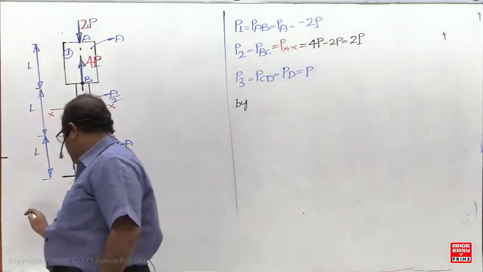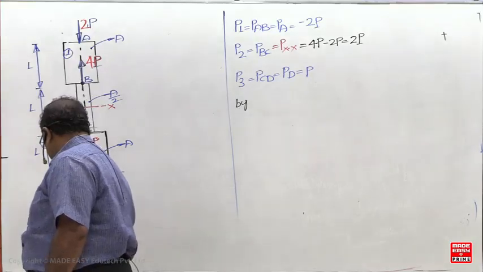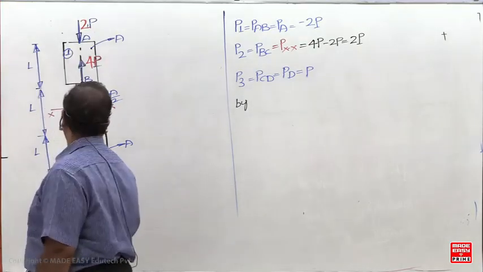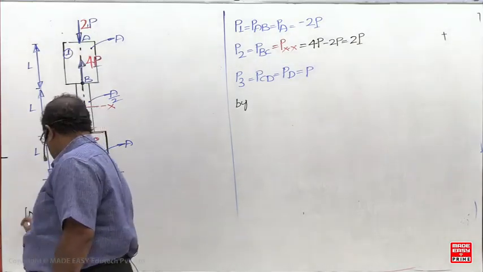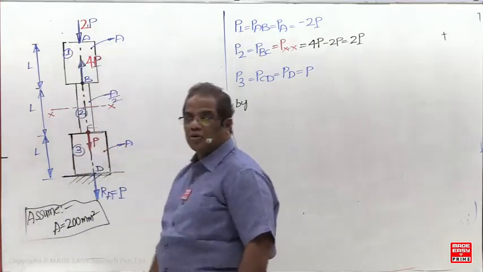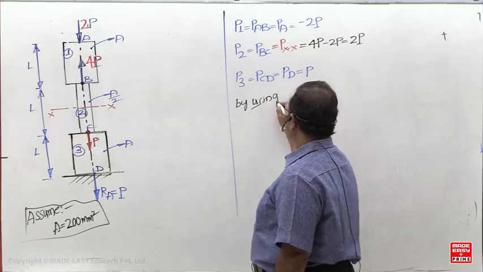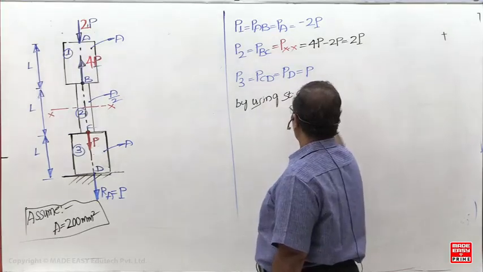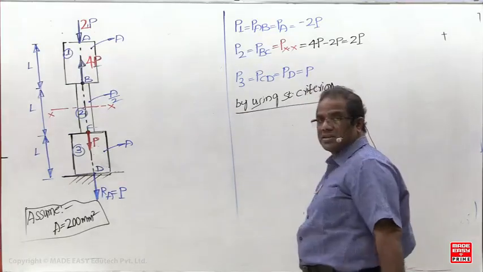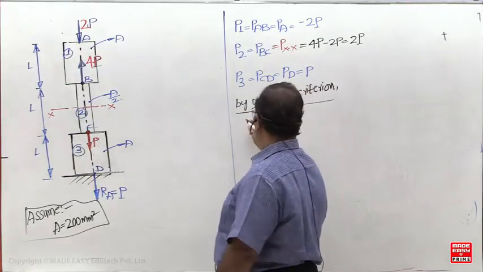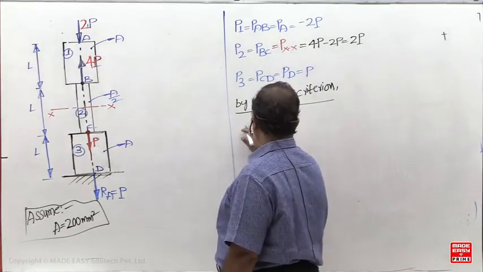Assume A is equal to 200 mm square. So by using strength criterion, first member, that is AB now. What is the safe condition for AB?